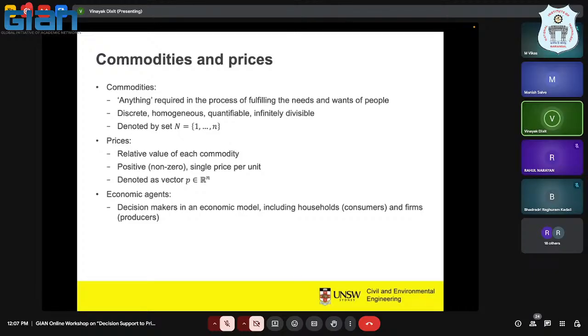Agents are anybody who's a decision maker in the model and who's affecting the outcomes. In our CGE model, we have defined them as industries and households. You can also have government being an agent, where the government is deciding what taxes are going to be there. Okay. Got it.